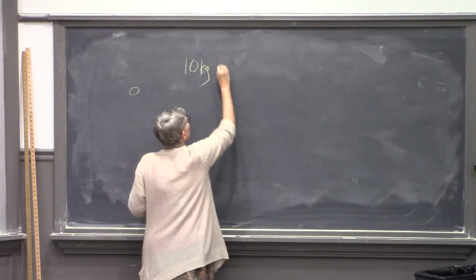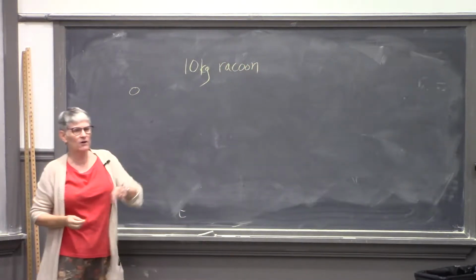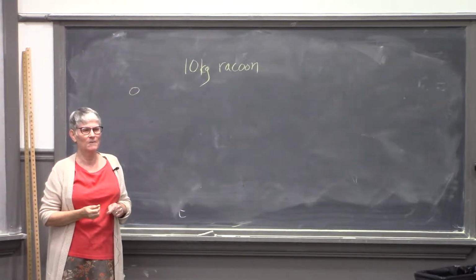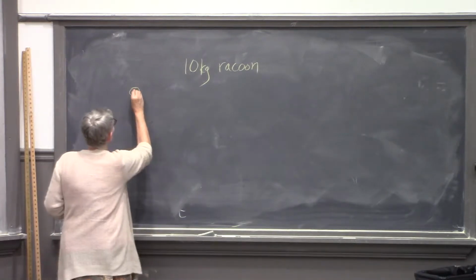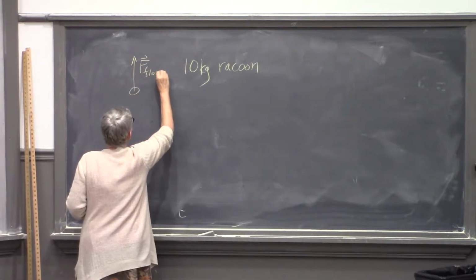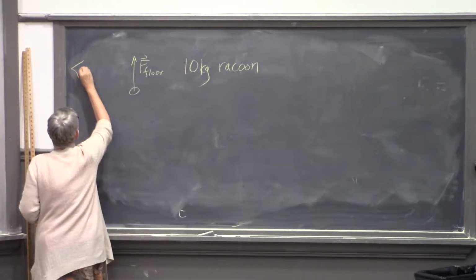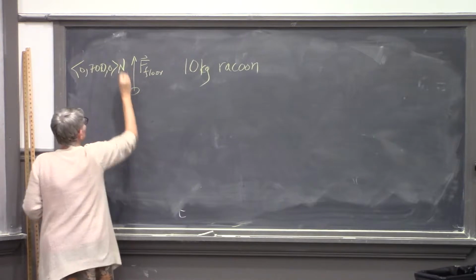The physics professor goes away and we put a 10 kilogram raccoon on that spot on the floor. Okay? So we have the floor exerting an upward force which is equal to 700 newtons.